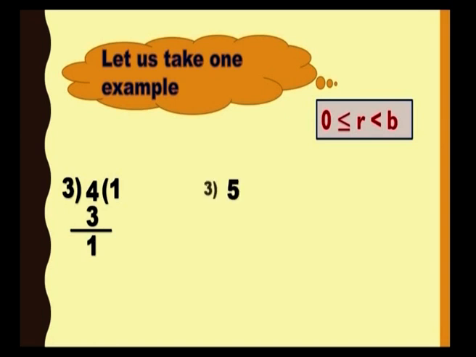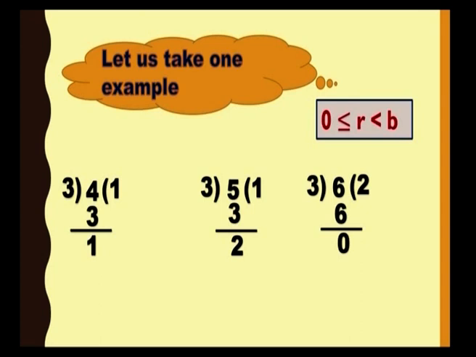Let us take one more number, 5. If 5 is divided by 3, 3 ones are 3, 5 minus 3 will be 2. Here 2 is the remainder, 1 is the quotient and 3 is the divisor. Let us take one more number, 6 divided by 3, then 3 twos are 6, 0 is the remainder.